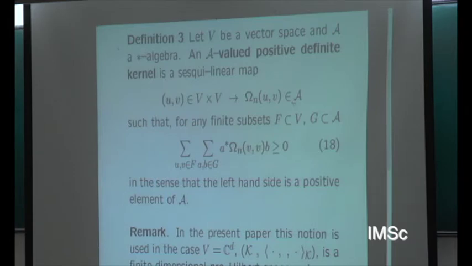Okay? So, for such a star algebra, the notion of positivity will be given by the scalar product. Why do I need this definition? So, it's clear what it is. In our case, the space V will be the space C to the power d, the complex d-dimensional space.